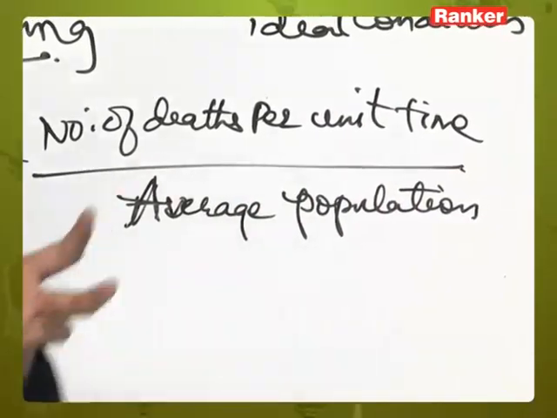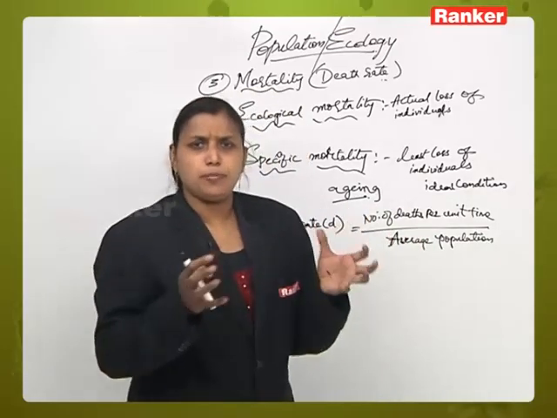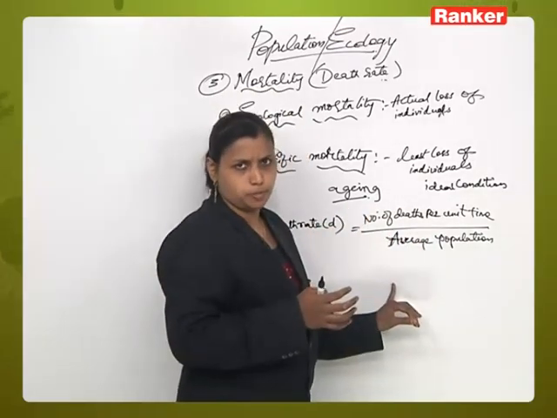What does it mean? In an average population, the death rate is the number of individuals dead in a given average population.